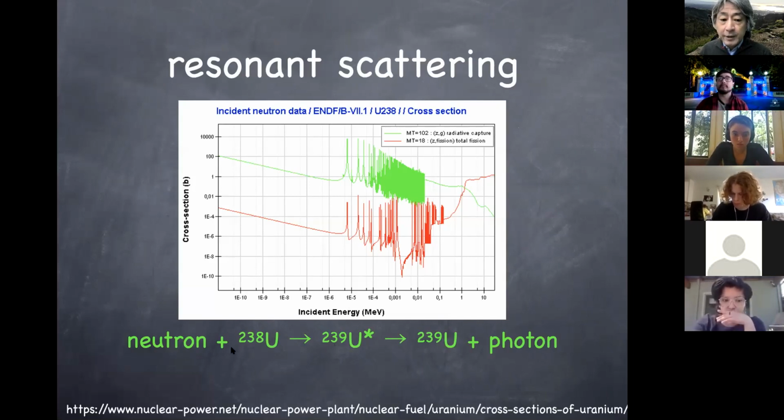So the neutron is absorbed by the uranium nucleus to become one of the excited states of uranium-239, and then decays back into the uranium-239 ground state by emitting a photon. So this cross section shows a peak when the energy of the neutron corresponds precisely to the energy of the excited uranium-239.